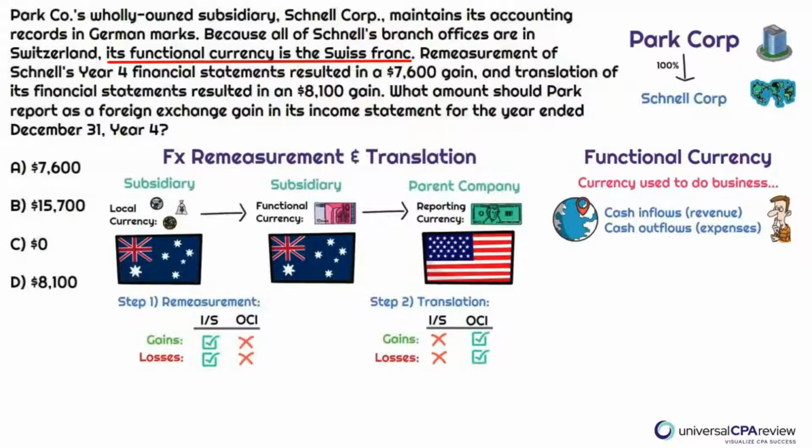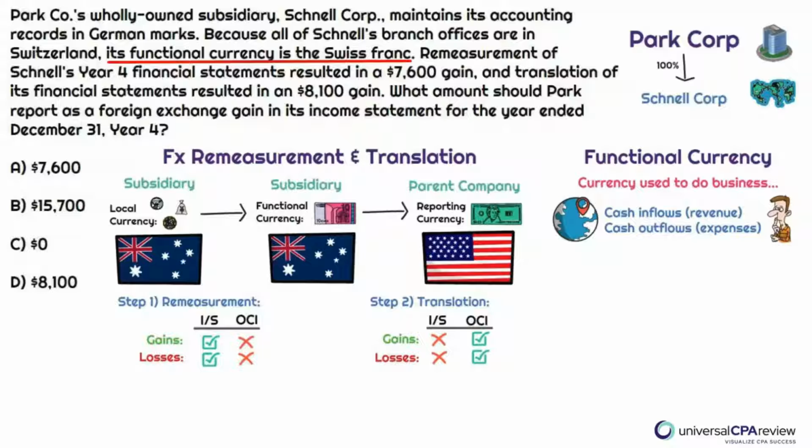Now, when we think about remeasurement and translation, let's bring up the visual, right? Because basically you have local currency that needs to be converted to functional currency. So Schnell is basically saying, okay, we have our accounting records in German marks, but our functional currency is the Swiss franc. So we need to remeasure our accounting records to convert them into the functional currency, the Swiss franc, right?